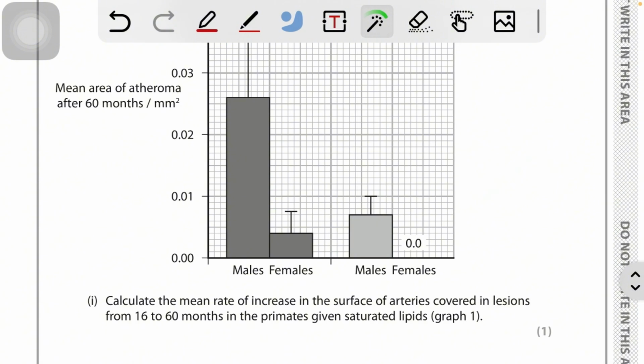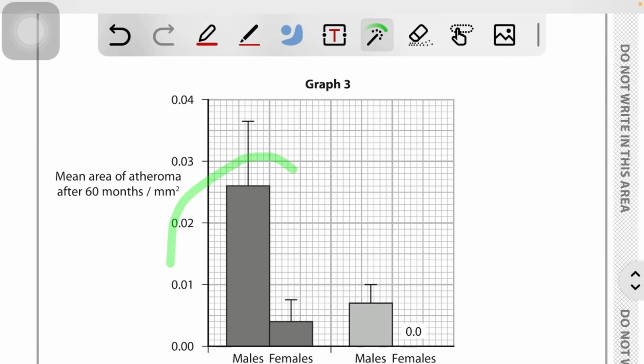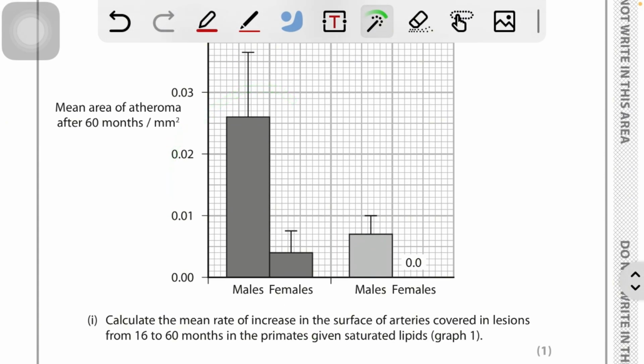The males have a number, it's more, and the females here with saturated still have less than the males with unsaturated, and the males with unsaturated have a high one. Okay, standard deviation.